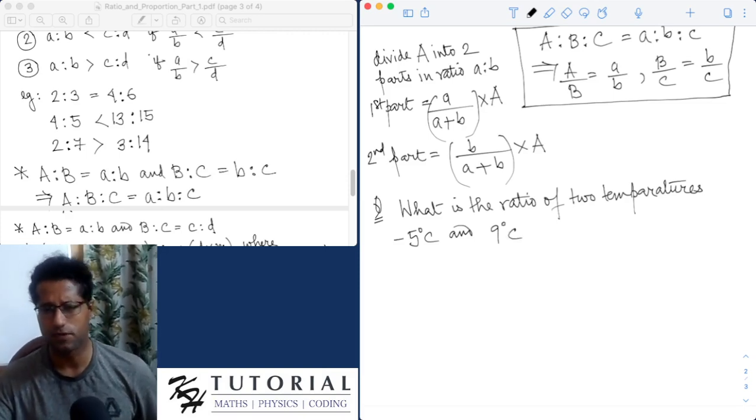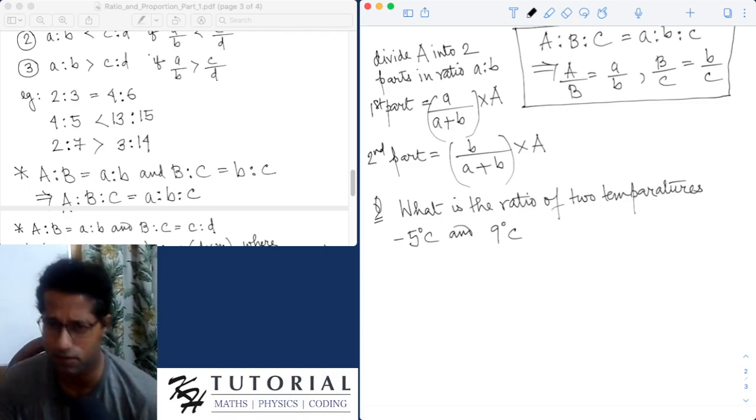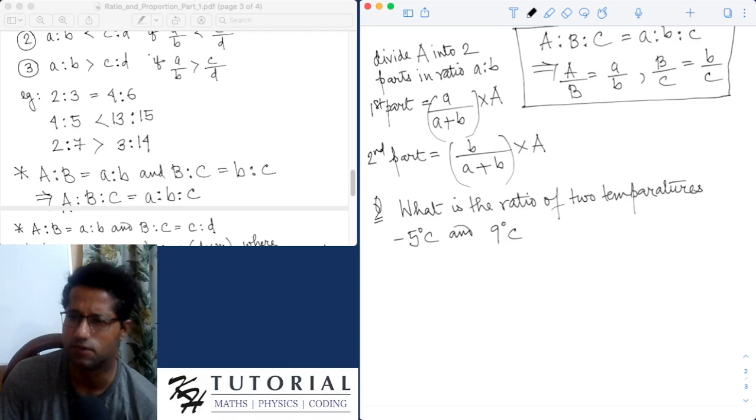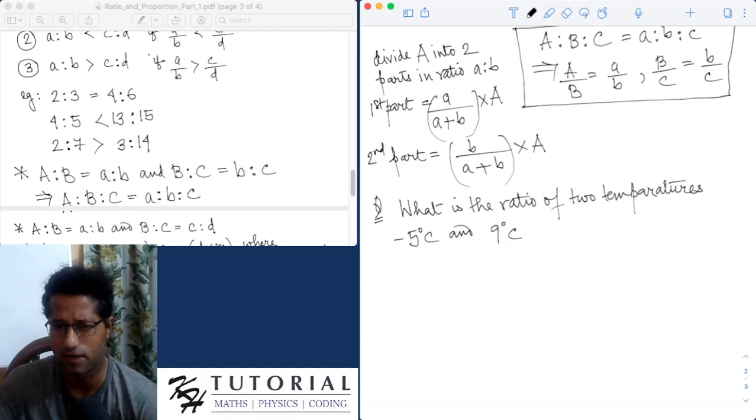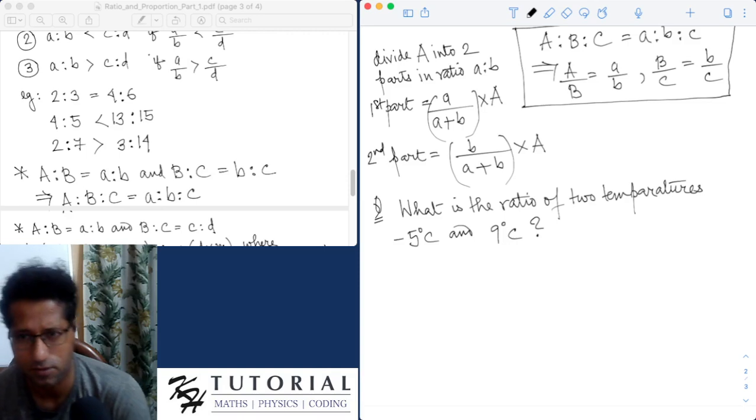Now these two quantities are the same kind of quantity, they are both temperatures, and the units are the same, degree Celsius. So one temperature is measured as minus 5 degrees centigrade and another as 9 degrees centigrade. What will be the ratio of these two temperatures? Please let me know in the comment section. I will be pleased to have your answers.